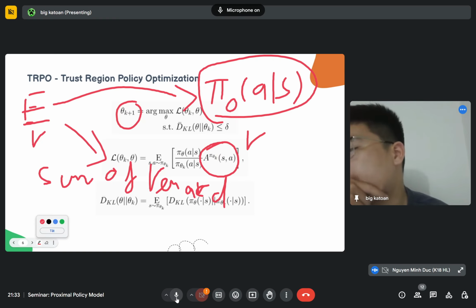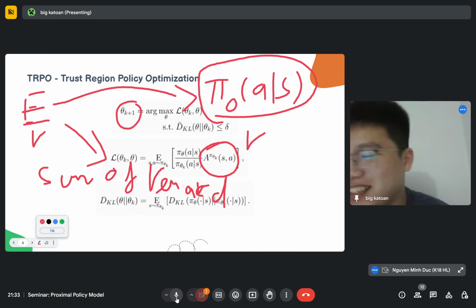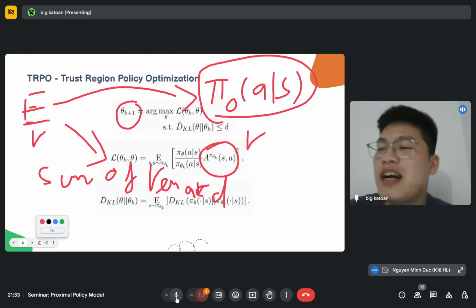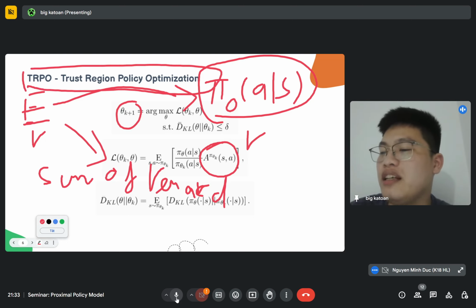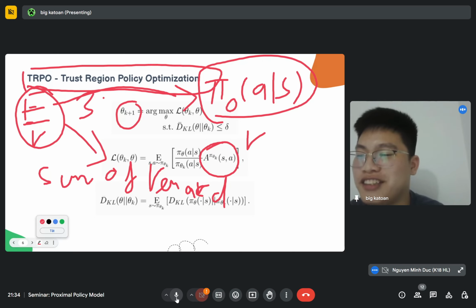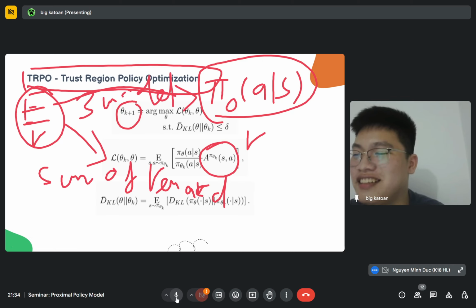I thought we try to make pi theta converge to pi theta k. Yeah, but actually it's not only two models to train. As in TRPO, we have one more model to train, the expected model. So in one update step, we update a lot of models, right? We have three models.